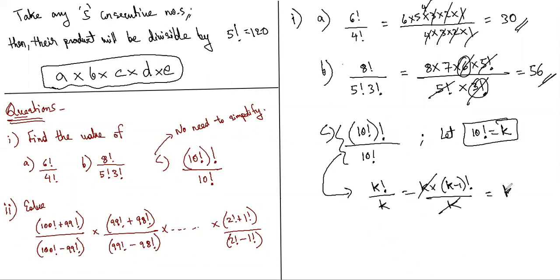So the answer will actually be k minus 1 whole factorial. But what is k? k is 10 factorial. So we don't know what 10 factorial is, but whatever it is, the answer is the factorial of 10 factorial minus 1. So this is the answer.